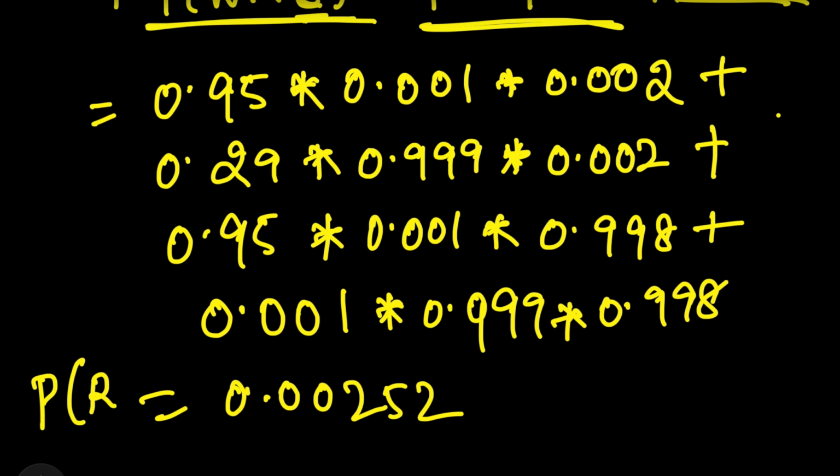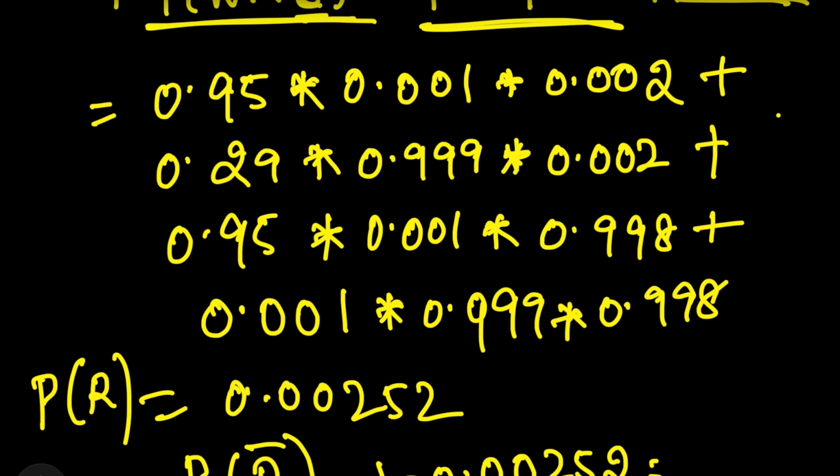So P of R is nothing but 0.00252. So how I can get P of R negation: 1 minus 0.00252. Alright.